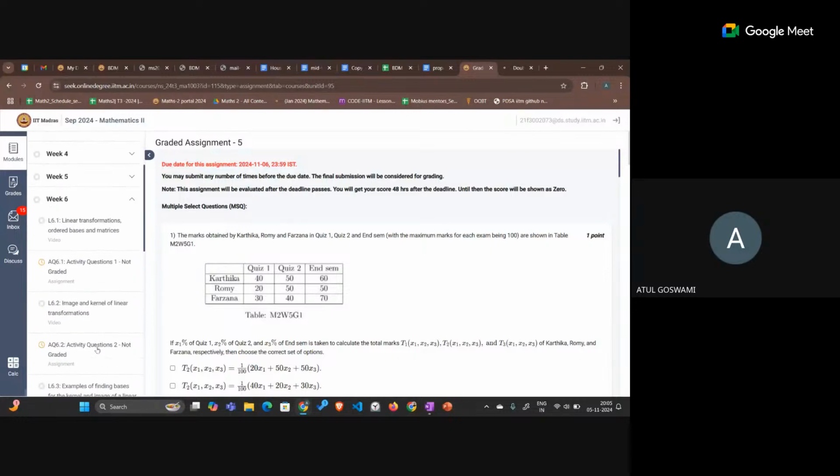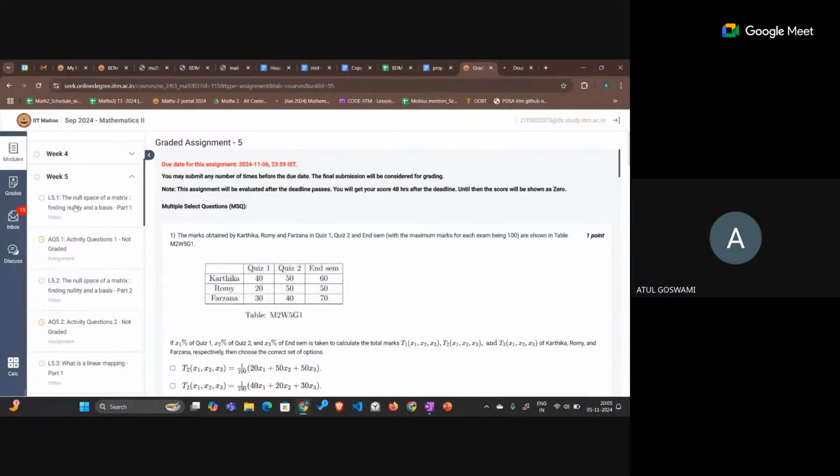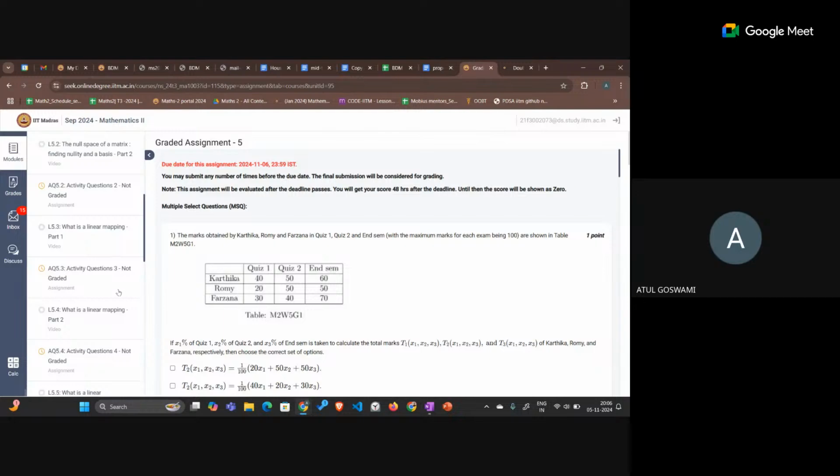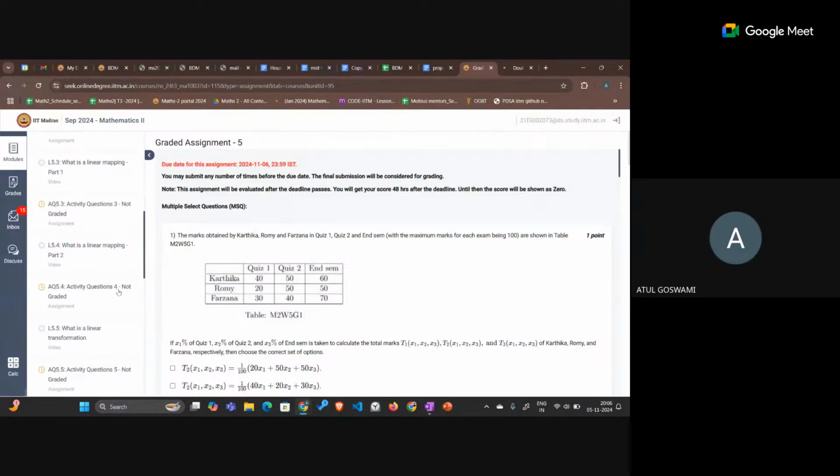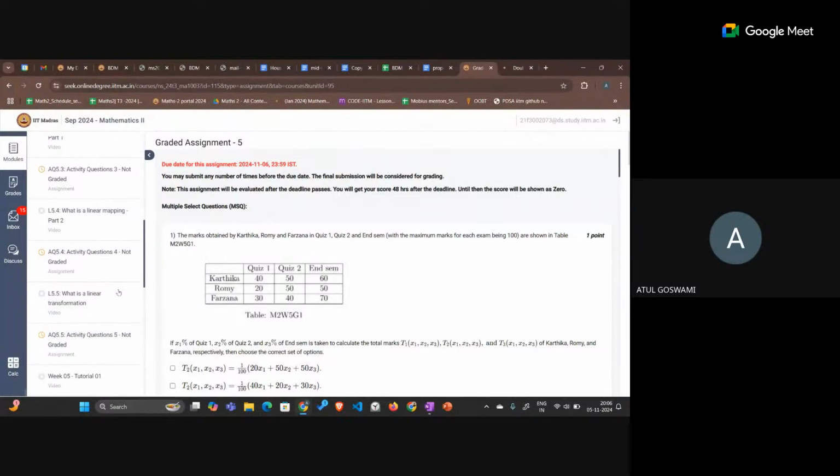So in week 6, what are the concepts covered? In week 5, you already know what a linear transformation is, and what the two properties are that are important for a mapping to be a linear transformation. You know that.